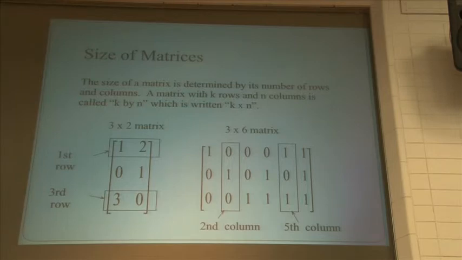If we have this first matrix, it has 3 rows, 2 columns, so it's a 3 by 2 matrix. Similarly, for the next one, there are 3 rows, 6 columns, so it is a 3 by 6 matrix. We label it top to bottom and left to right. So rows are labeled top to bottom, columns go left to right. Always and forever, that will never change.